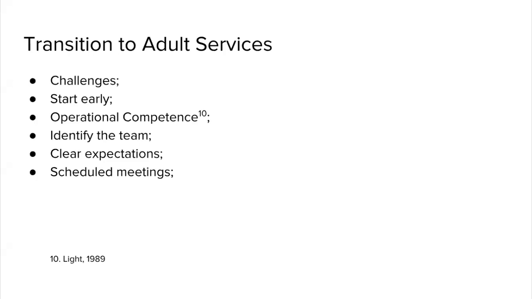Well, upon transition, that may not be immediately the case. Not to say that the people in the adult setting aren't going to work just as hard to make sure that they understand all these things, but there's definitely going to be a gap, and they're going to be staffed at a lower level. And so the level of independence they have is going to become really, really important. So really starting early, preparing to really think about this.